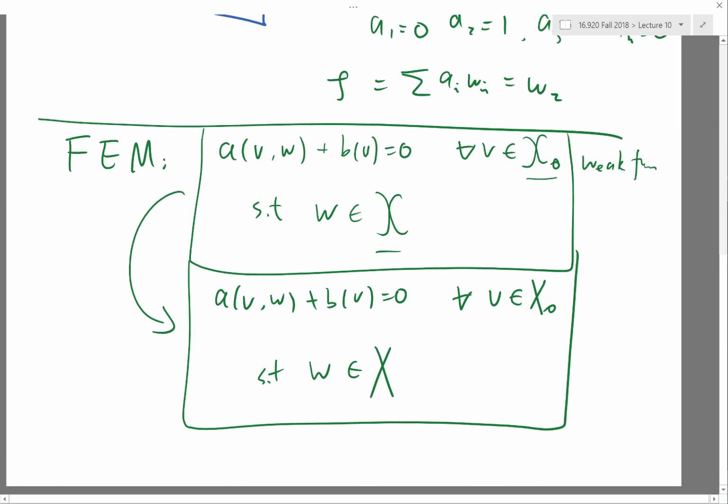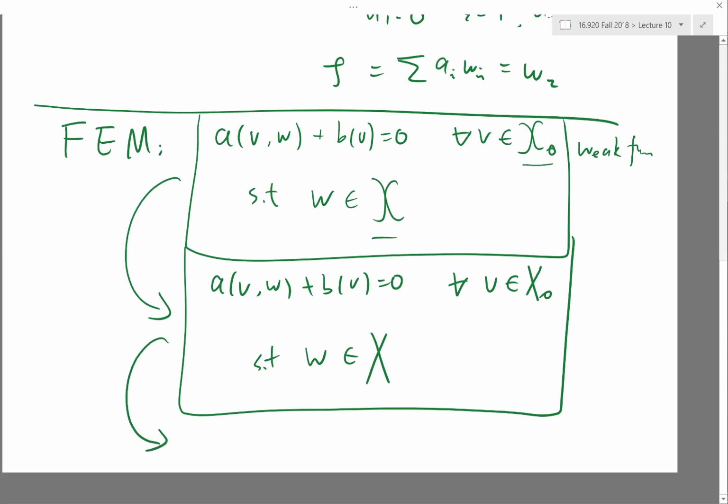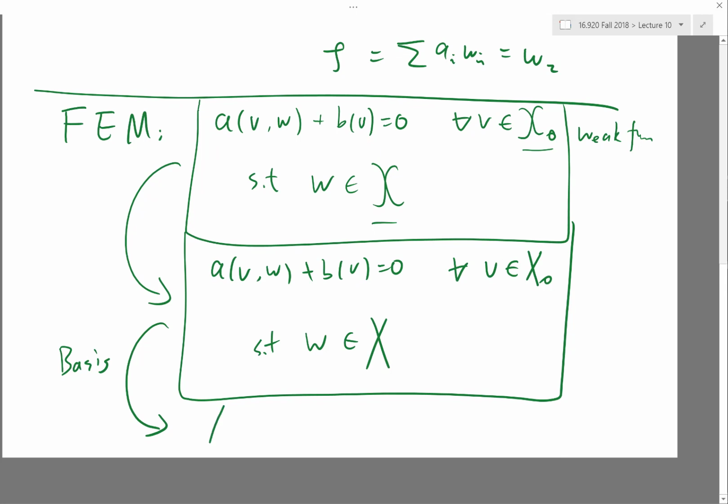And let's see how the basis is then going to turn this into Ax plus b equal to 0. That's the help of the basis. Well, the basis does two things to help with this.